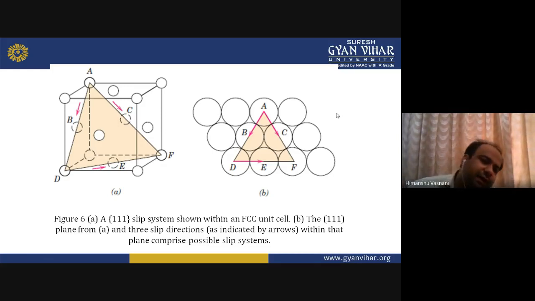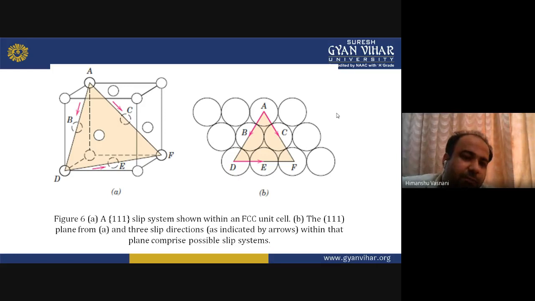Through this diagram, we are able to understand that this is a face-centered cubic structure, which has been studied under a microscope, and many similar structures have been studied and found that slip may happen through this system.